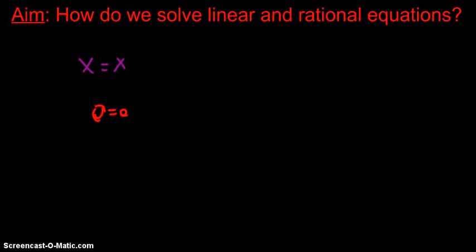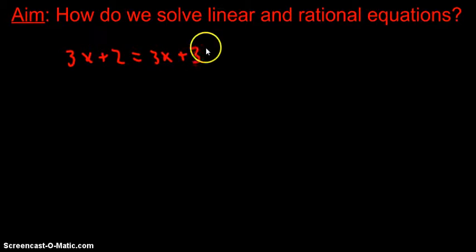Then there's the example that has no answer. Let's take a look at that real fast. We had 3x plus 2 is equal to 3x plus 3. Now looking at this, it should look really odd, and that is because how can 3 of this mystery object and 2 things be equal to 3 of this mystery object and 1 thing?